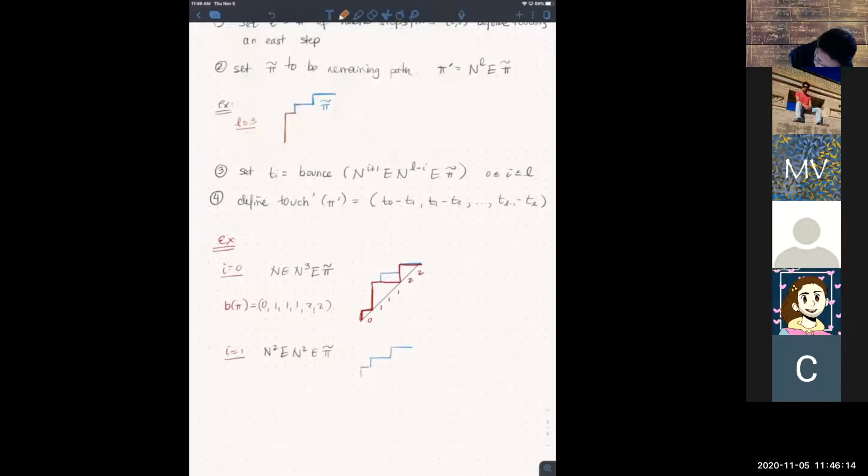So we do an east, we went north twice, we did an east, and then we went north twice. And you'll notice that at each step, all we're doing is basically taking this square and moving it outwards or moving it inwards. And that's what the i's are corresponding to.